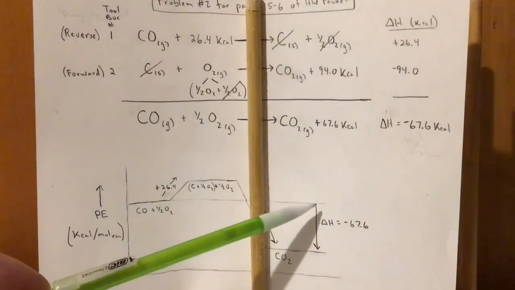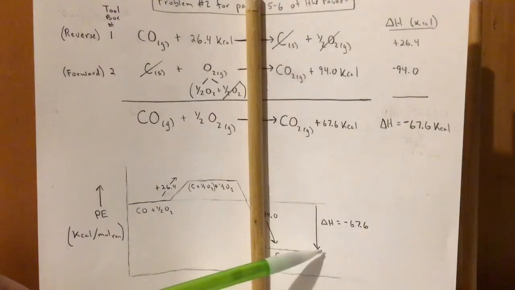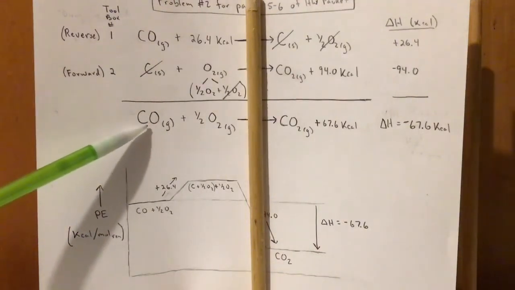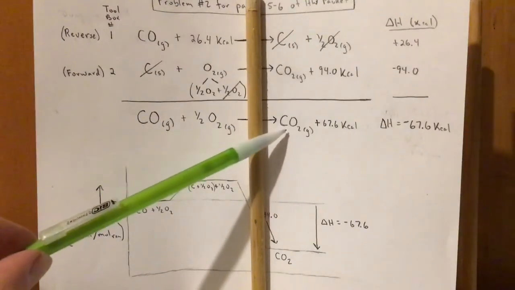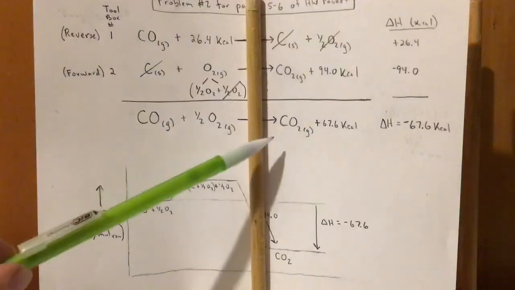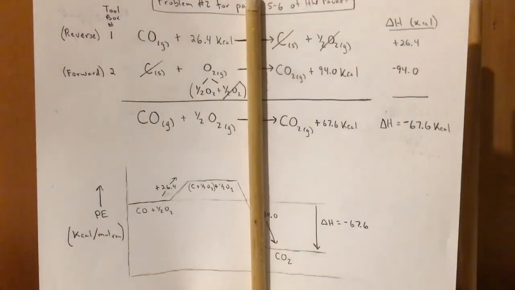And so my overall net effect is losing negative 67.6 kcals of energy. If you think about it, carbon monoxide's not very stable. Carbon dioxide's a lot more stable. So it's going to release energy going from carbon monoxide to carbon dioxide. And that's why that is exothermic.